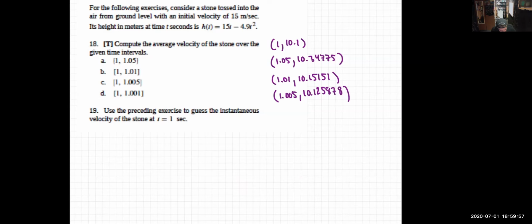And then finally, 1.001, that would be 10.105195.